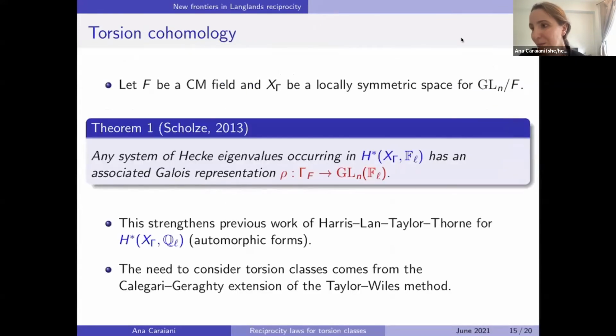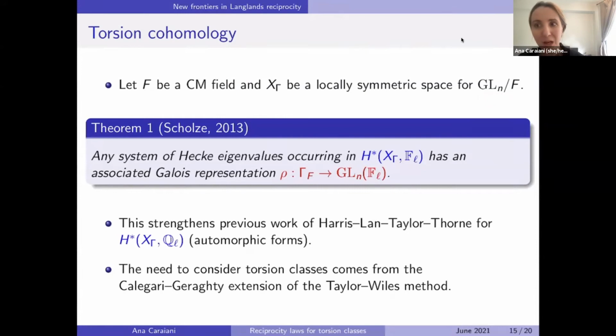So if F is a CM field, by which I mean something like a totally real field, but also an imaginary quadratic extension of a totally real field, then it turns out that you can still understand something about the associated locally symmetric spaces, so the case of GL_N over F. And this will include also the arithmetic hyperbolic 3-manifolds that we saw on the last slide.